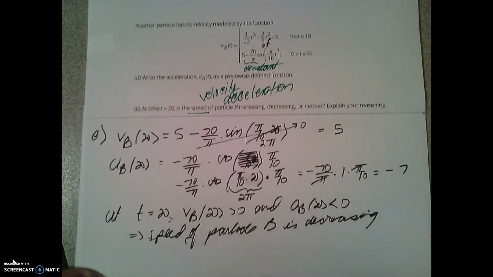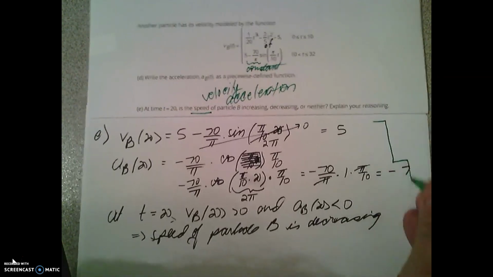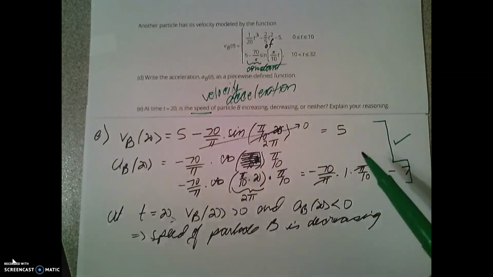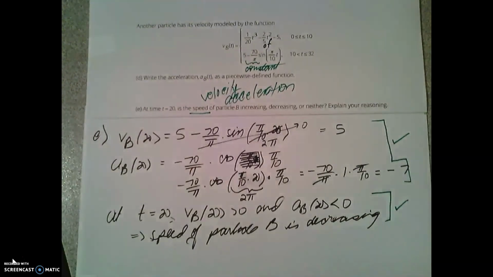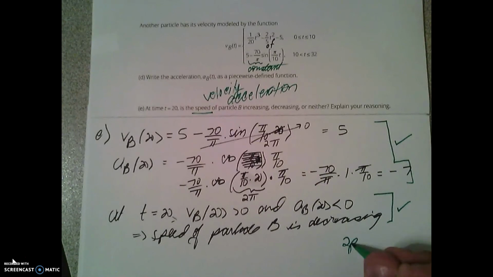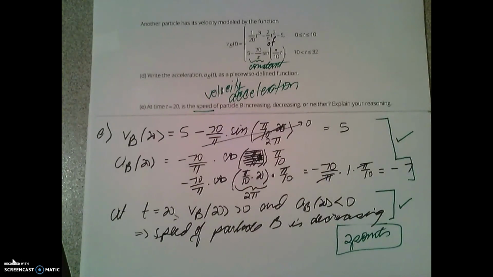And that is the end of the question. I believe when we awarded points, we said 1 point for considering the sign of velocity and acceleration, and another point for coming up with the correct conclusion. So that brings you to 2 points for part E.